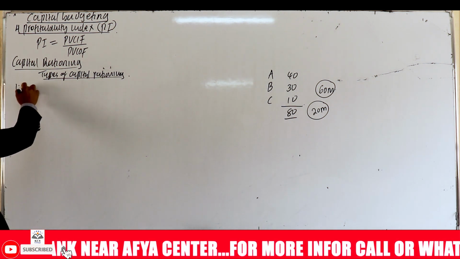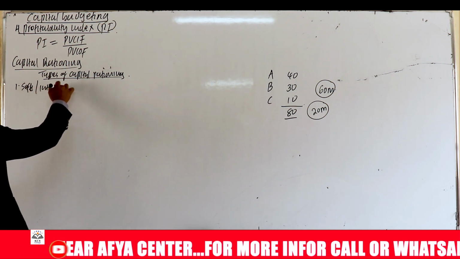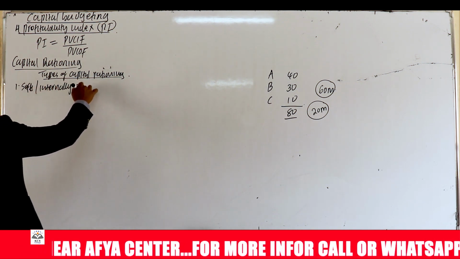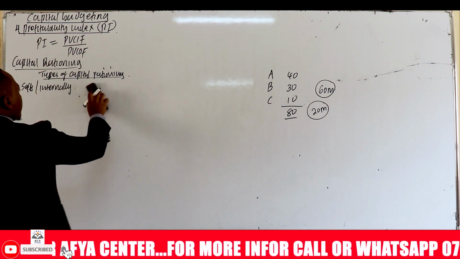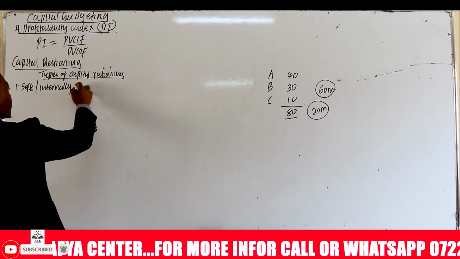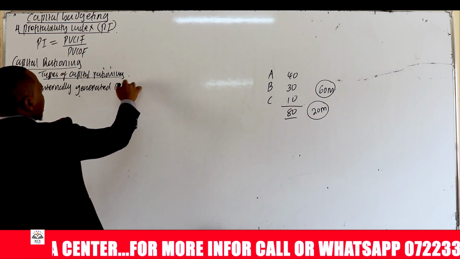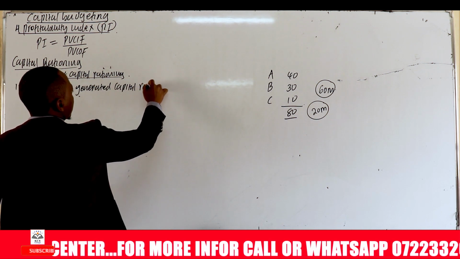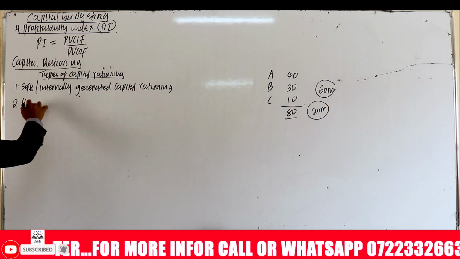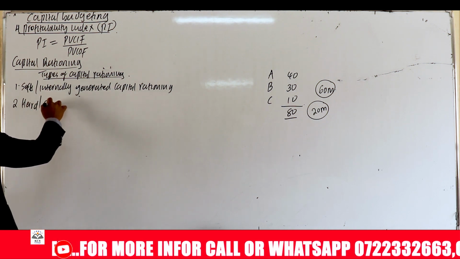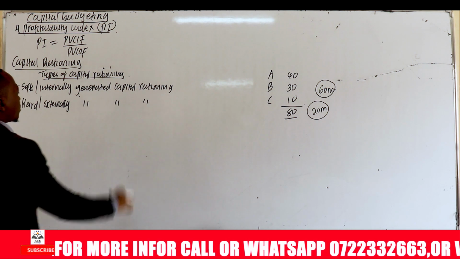Number one, we have the soft or internally generated capital rationing. Number two, we have hard or externally generated capital rationing.